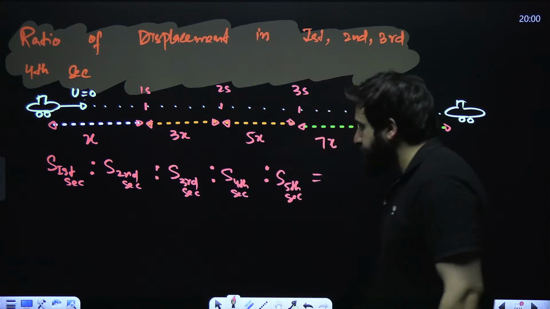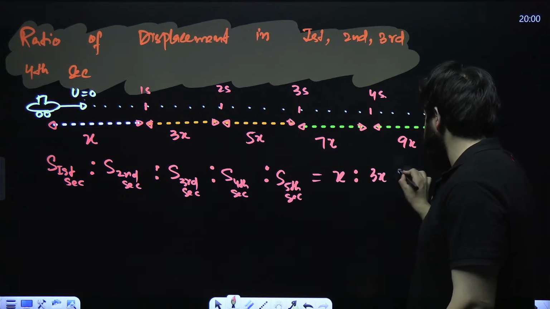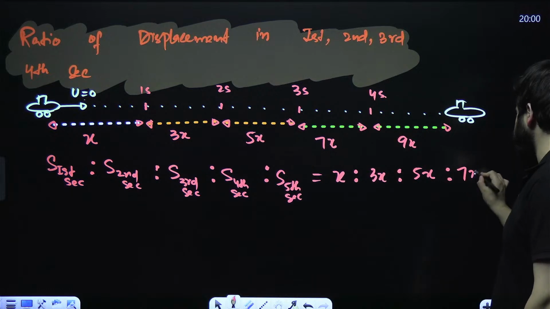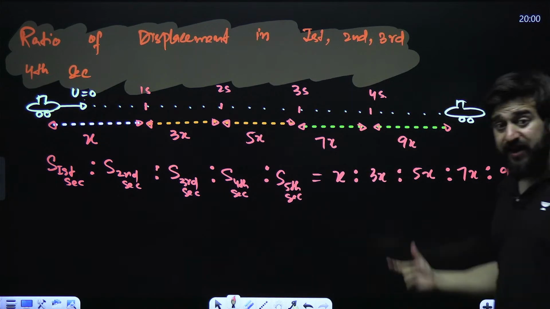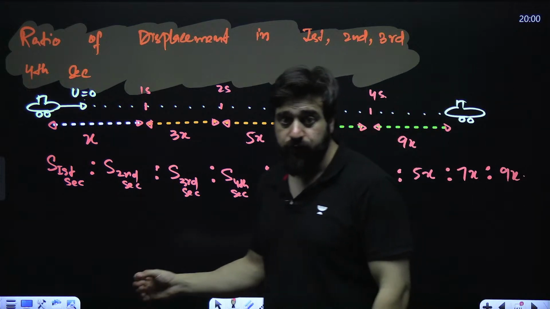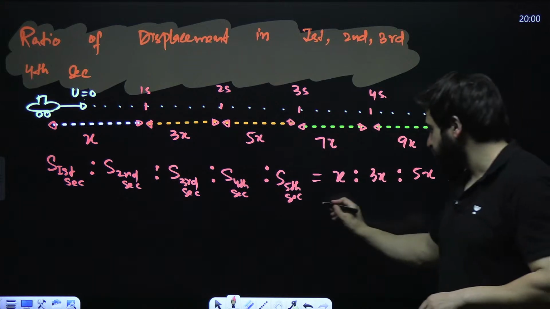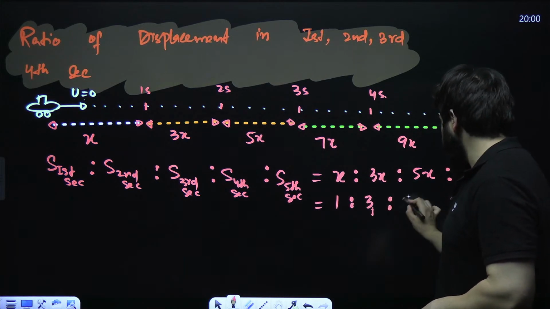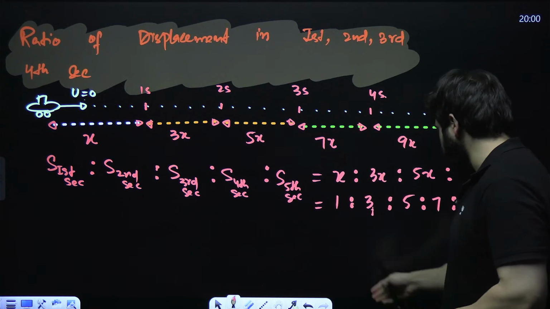It will be x is to 3x is to 5x is to 7x is to 9x. So this is the ratio that we have exactly over here. x is to 3x is to 5x is to 7x is to 9x. I can write it 1 is to 3 is to 5 is to 7 is to 9.